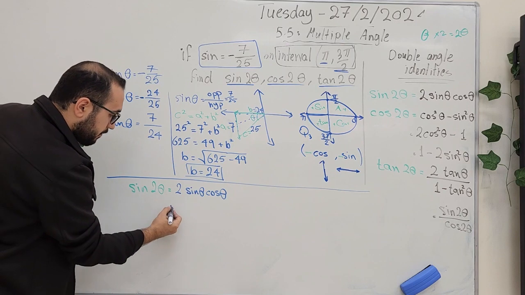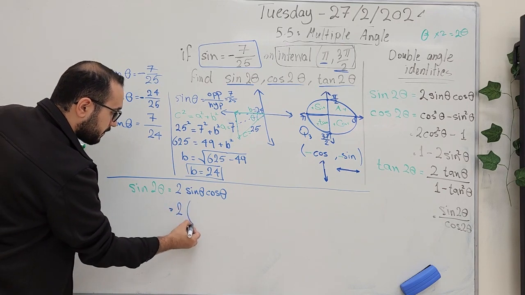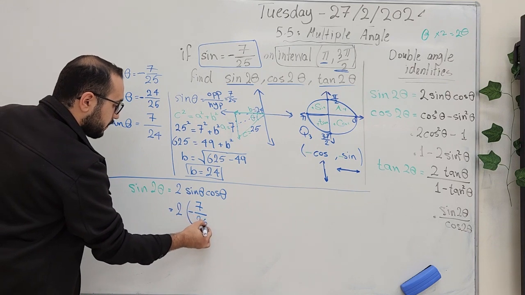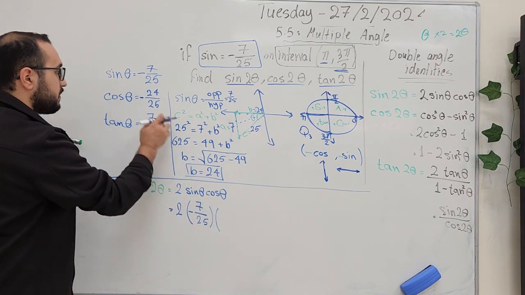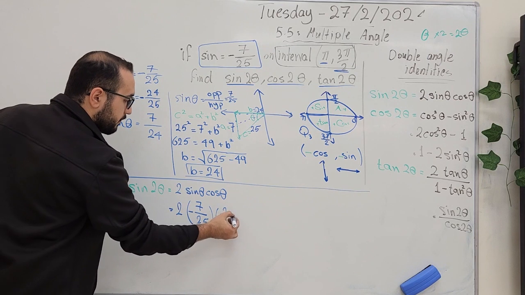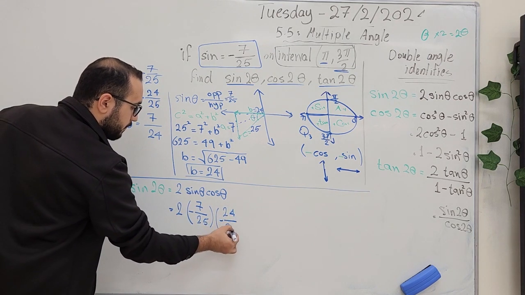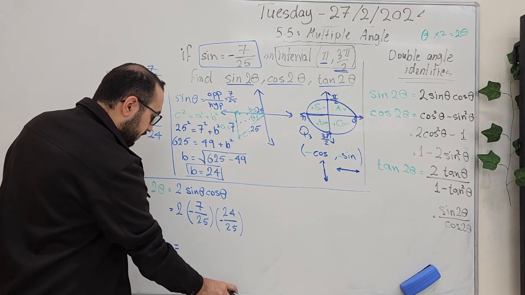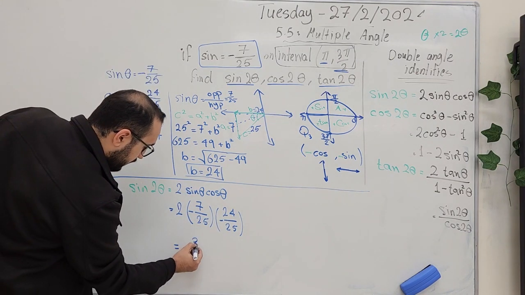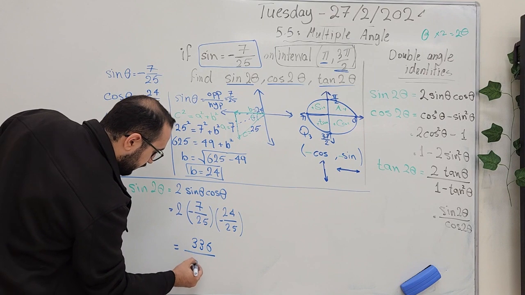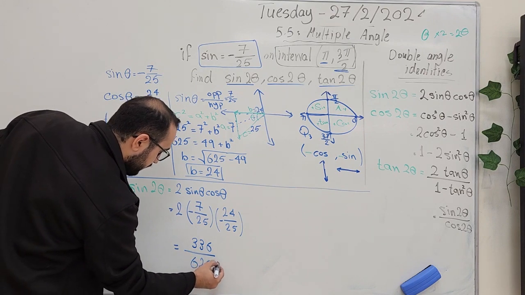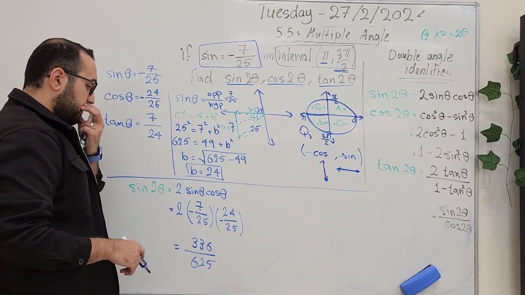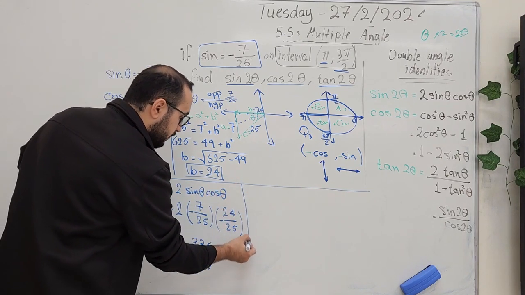Just simplify them. 2 times sine, which is negative 7 over 25, times cosine, which is negative 24 over 25. Now just use your calculator to get 336 over 625. This is the answer, because negative with negative will be positive.